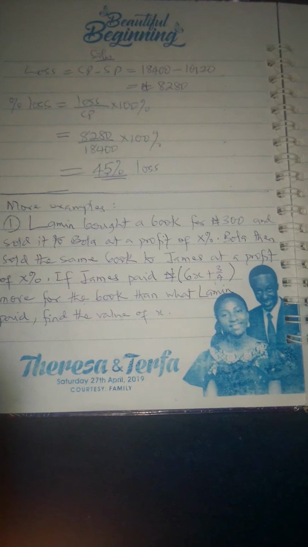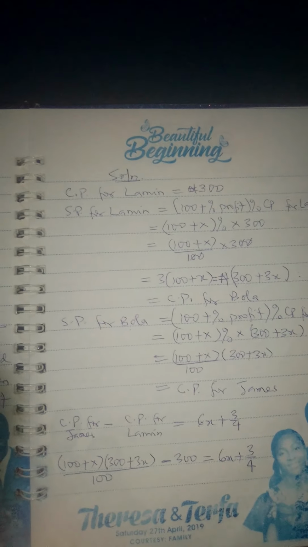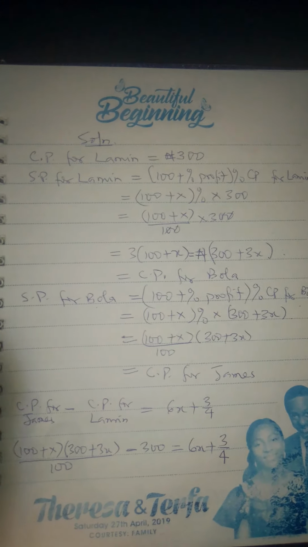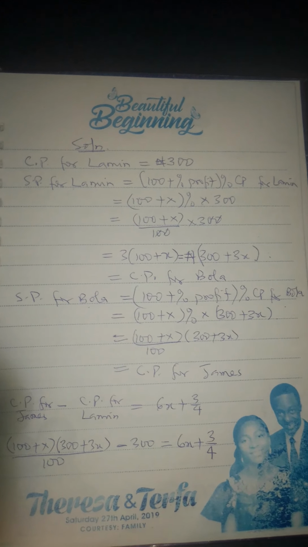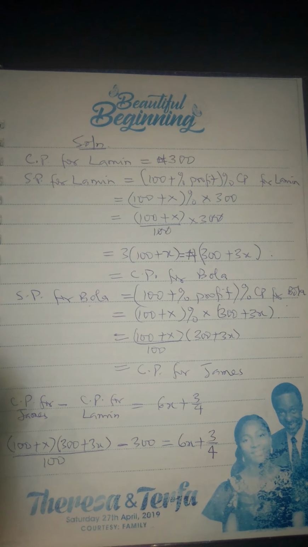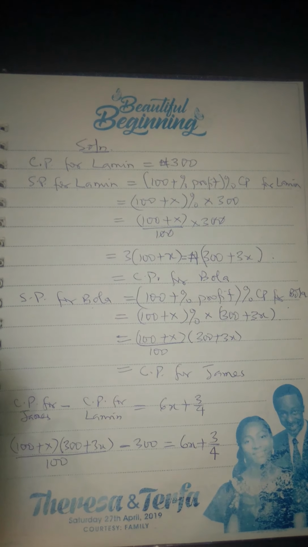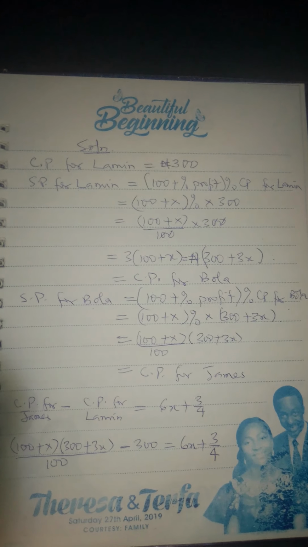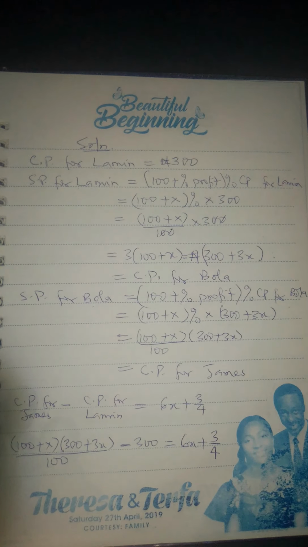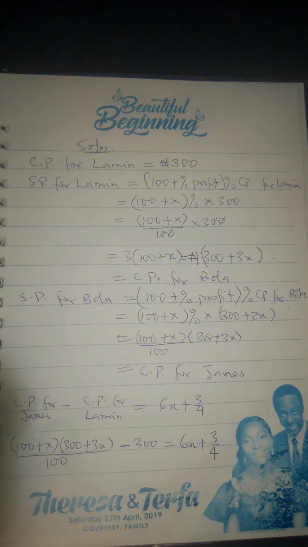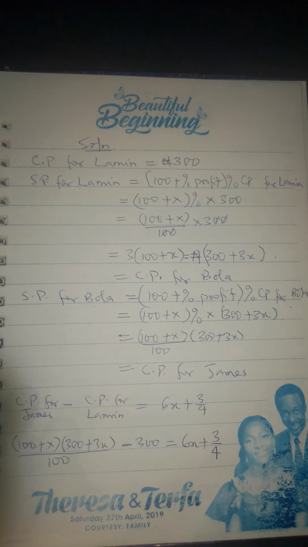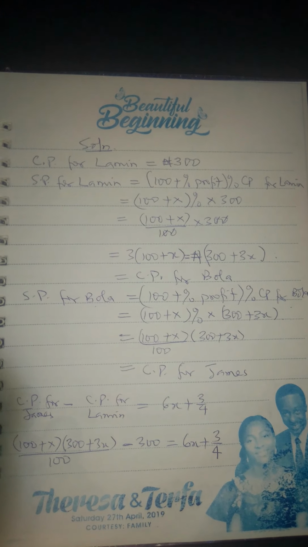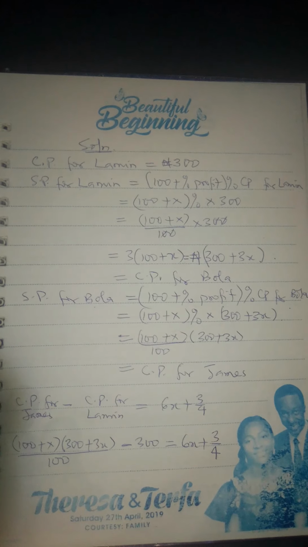Now, get the selling price for Lami using the second to the last formula I gave you in our last class. Using that formula, selling price for Lami will be (100 + percentage profit)% of cost price for Lami. You do your substitution, replace percentage profit by x, and your cost price is 300 for Lami. 100 + x percent means (100 + x)/100 multiplied by 300.